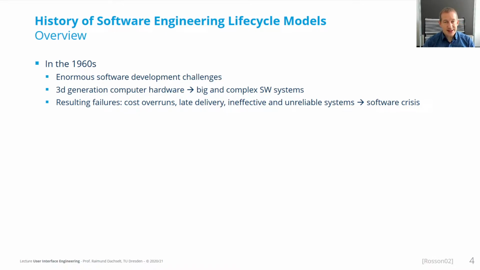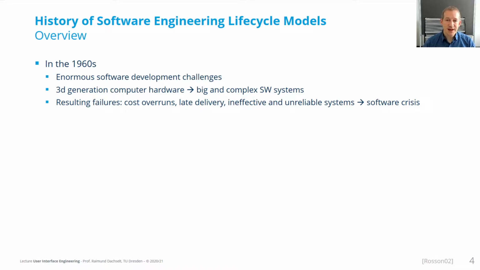The complex systems were really too big to be manageable, to be honest, and therefore there were a lot of failures resulting from that, like too much money spent on the development, a very late delivery, ineffective and unreliable systems, and this led to a software crisis back in the 1960s. Remember, this was a time where there was no PC yet. It was mainframe computing, and IBM mainframes, for example, were bundled with software.